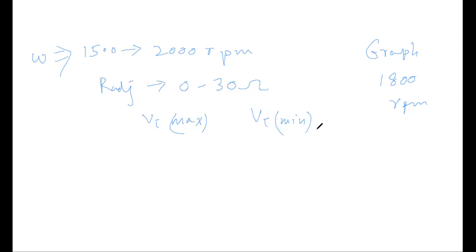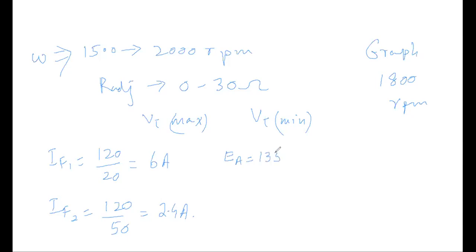Okay, so now geared up with this, how can we solve this? So we analyze this data. IF1 corresponding to the first case will be equal to 120 divided by 20, and IF2 in the second case will be equal to 120 divided by 50. The first case gives me 6 ampere, and the second case gives me 2.4 amperes. Okay, so now I have an operating point that EA is equal to 135 volt at 1800 RPM, because the graph was for 1800 RPM.